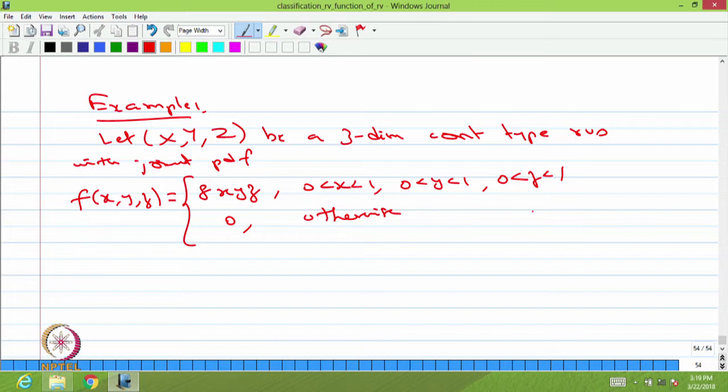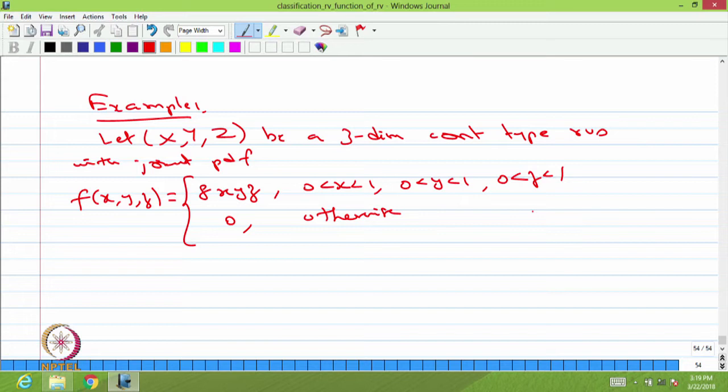We can verify whether this is a joint probability density function by integrating from 0 to 1, 0 to 1, 0 to 1, 8xyz dx dy dz, which is going to be 1.